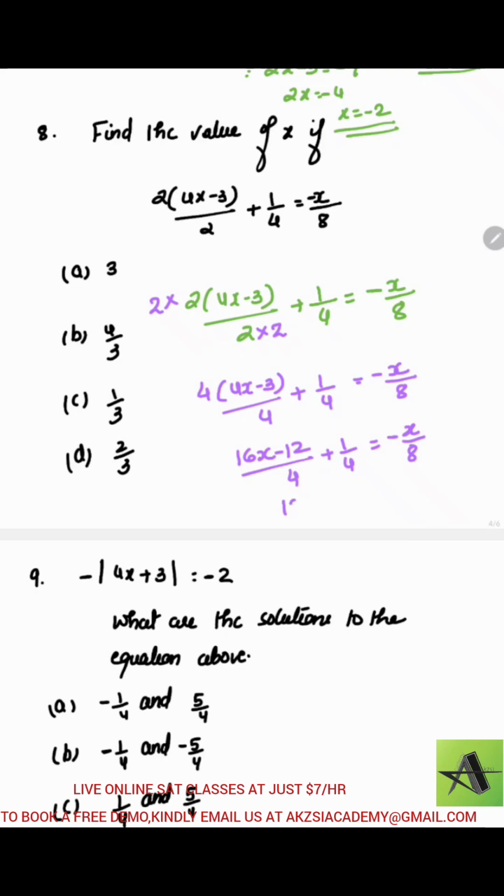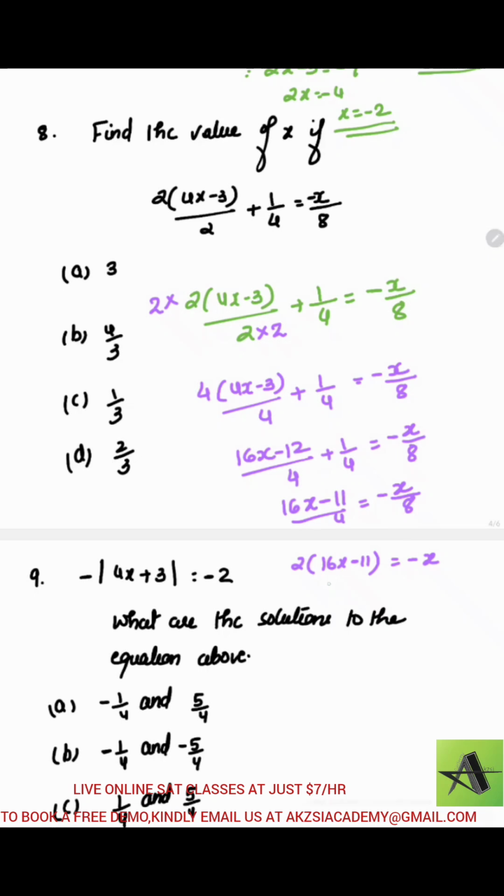It will give you 16x minus 11, because minus 12 plus 1 is minus 11, over 4 equals minus x over 8. It's now very simple. Just multiply both the sides by 8. This will be 2 times (16x minus 11) equals minus x.